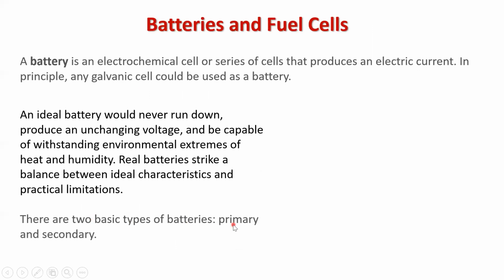Okay, those are ones that are one and done. You can't recharge a primary battery. A secondary battery is a battery that can be recharged. You use up the energy that was in that cell, and then you recharge it again. And that's as far as we're going to go for batteries. We're not going to go into any more detail on that.